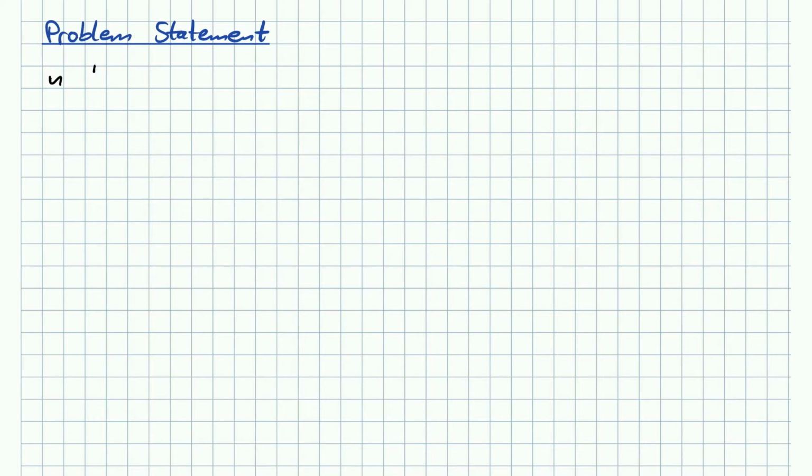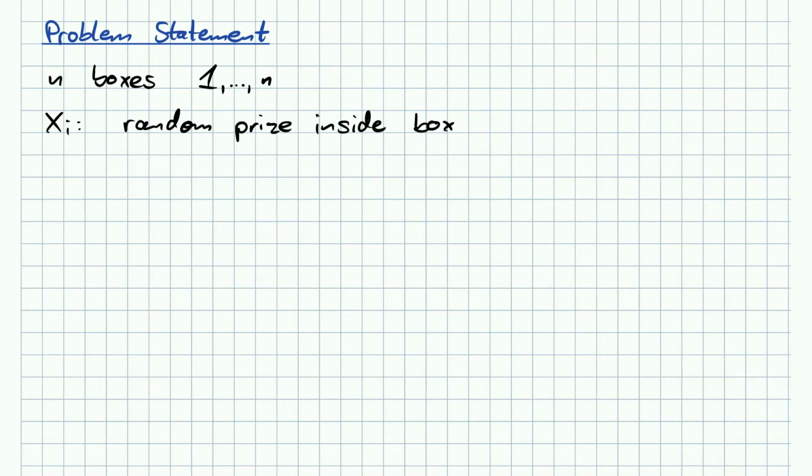So we have n boxes, which we'll just number 1 through n, and X_i is the random prize inside box i.